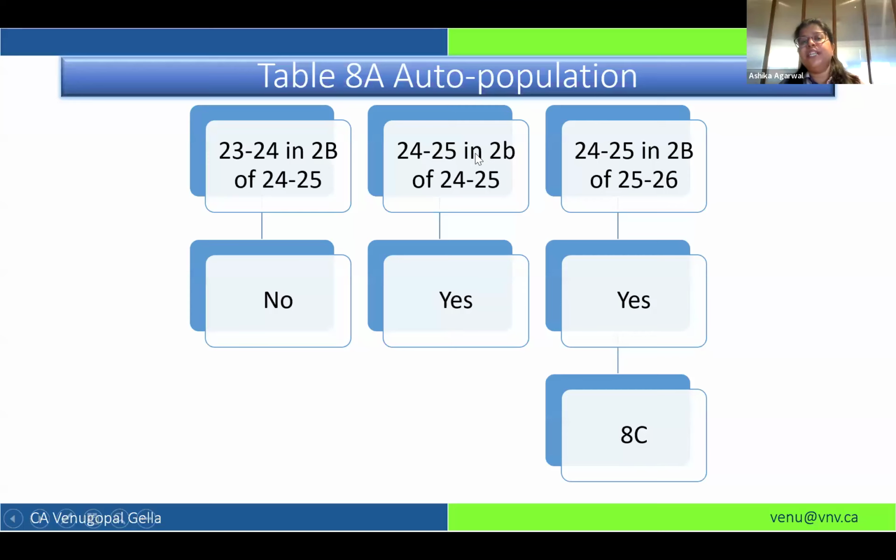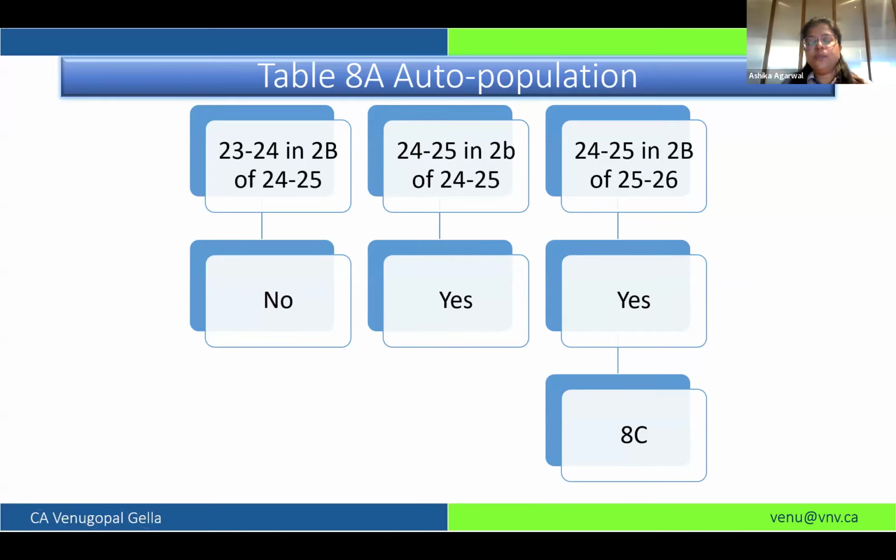Only transactions which pertain to 24-25, auto-populated in 2B of either 24-25 or 25-26, will be the total of table 8A.